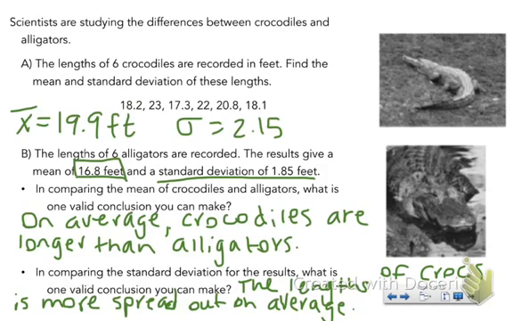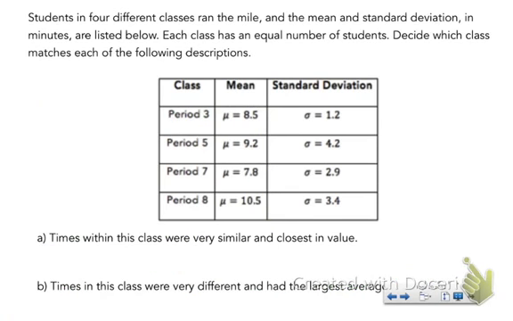And then in comparing the standard deviation, so comparing that number and that number, what's one valid conclusion you can make? So the lengths of crocodiles are more spread out on average than the lengths of alligators, because they have a slightly bigger standard deviation than the standard deviation for alligators.